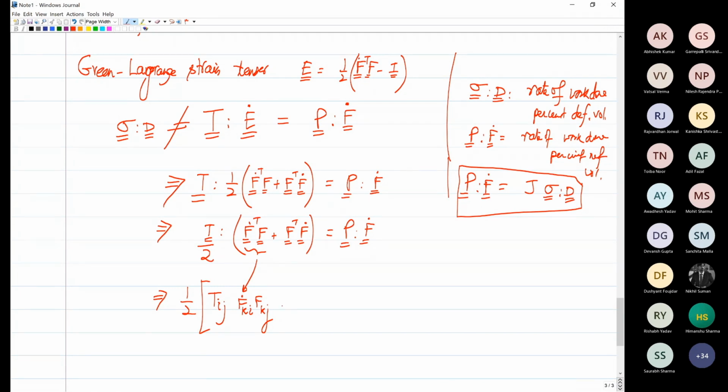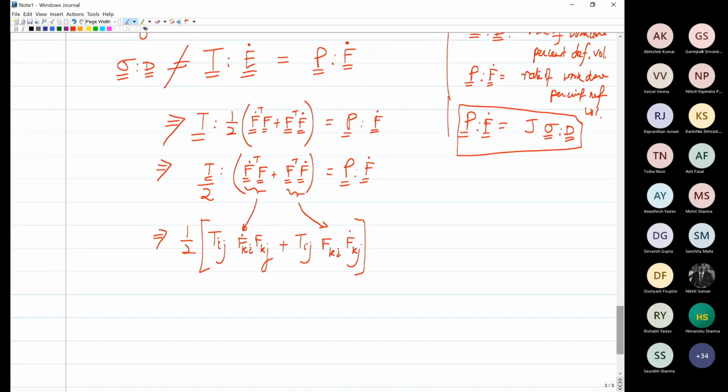Then the next one is then T_ij again, and then the ij component of this thing, that's F_ki into F dot_kj.